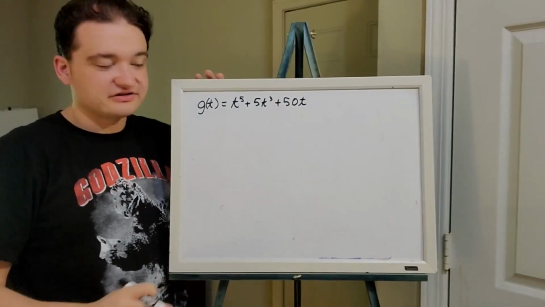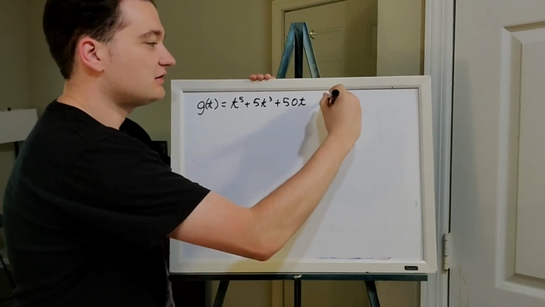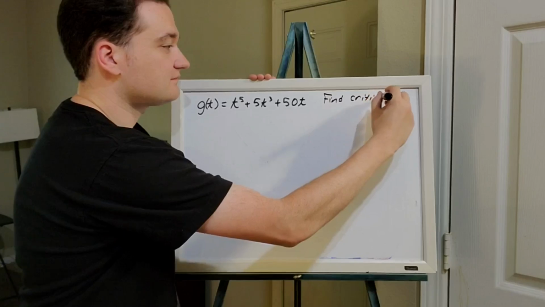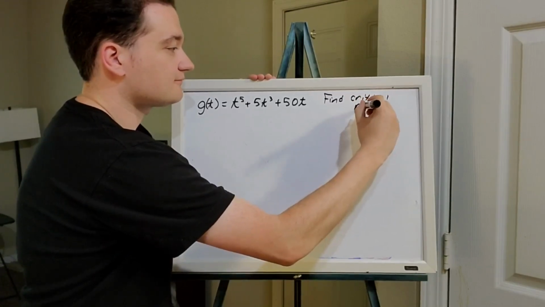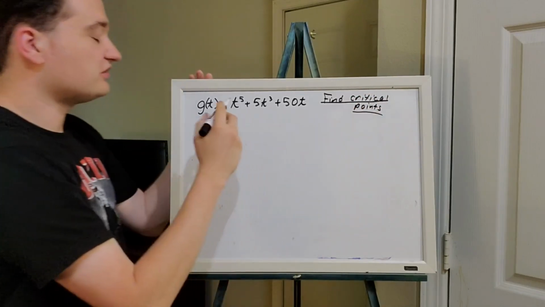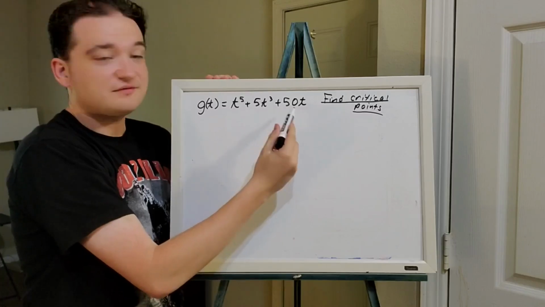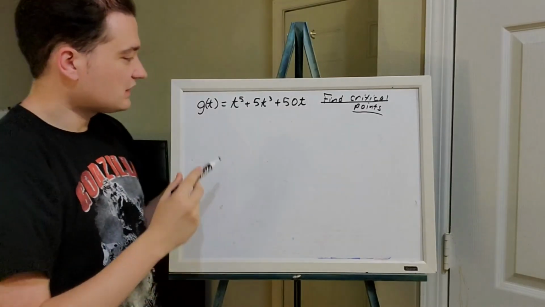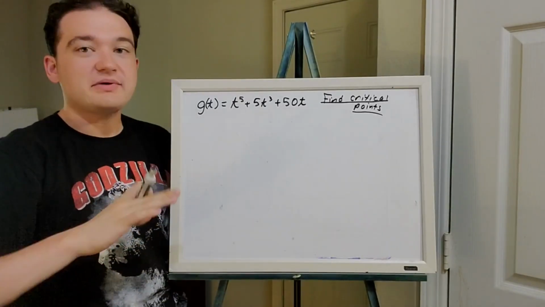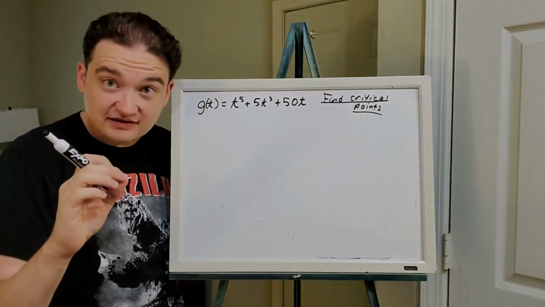All right, had to pause and come back. This is problem 2. We want to find the critical points of this function here, t to the 5th plus 5t to the 3rd plus 50t. Okay, so what are critical points? We talked about proofs and theorems in class, but the important thing is this.